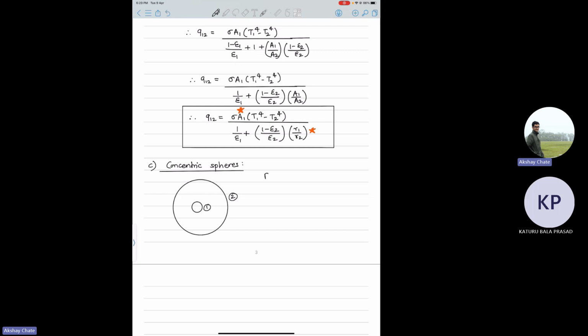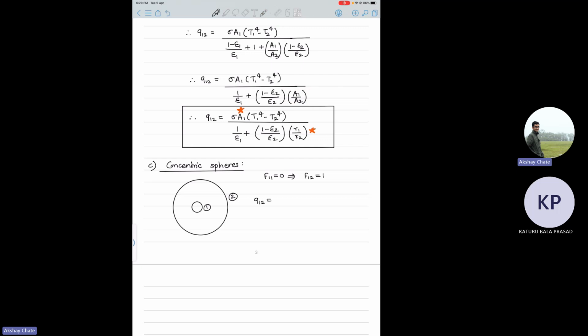Here we know that F11 is 0, which implies F12 is 1, correct? This is the same as the cylinder case, and you draw the same conclusions, but at the end you'll get this term, A1 by A2.